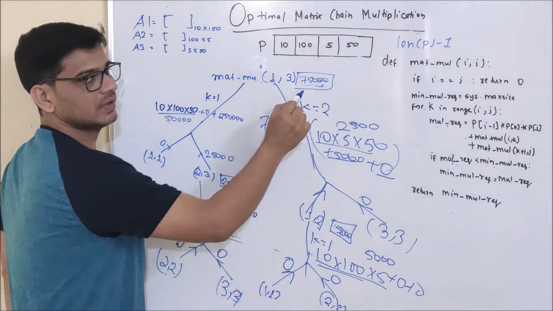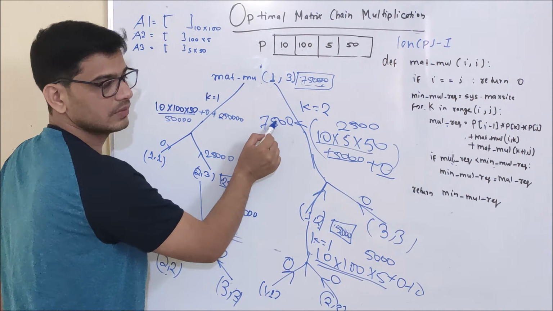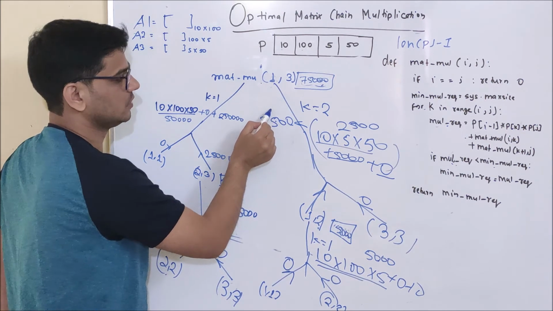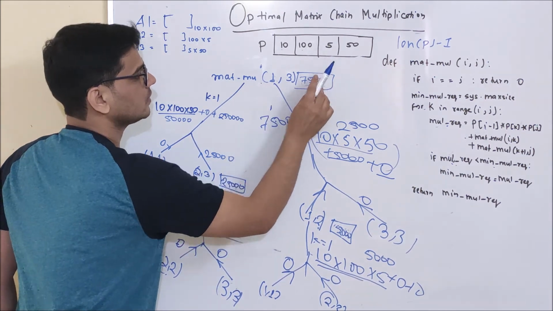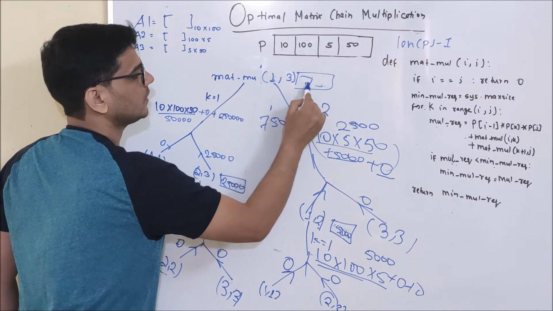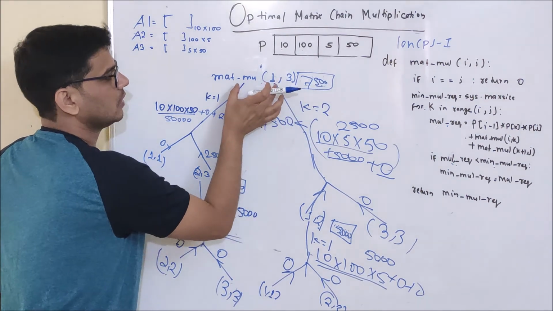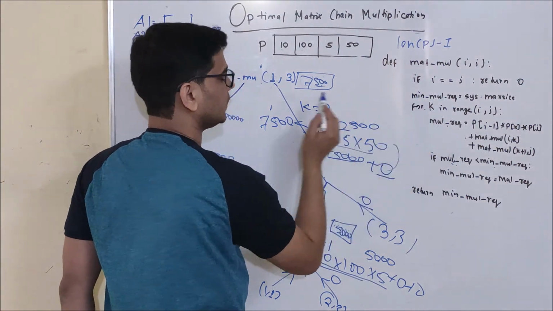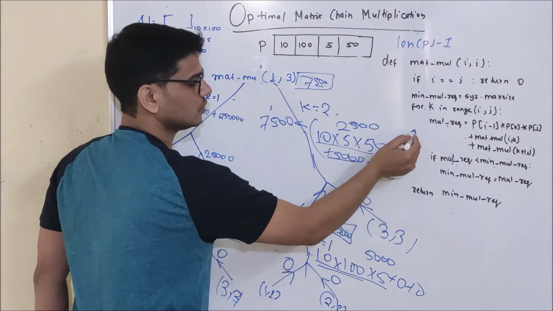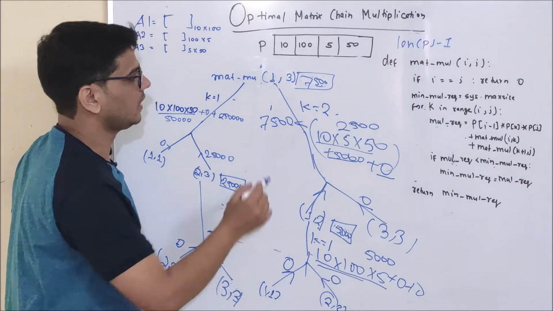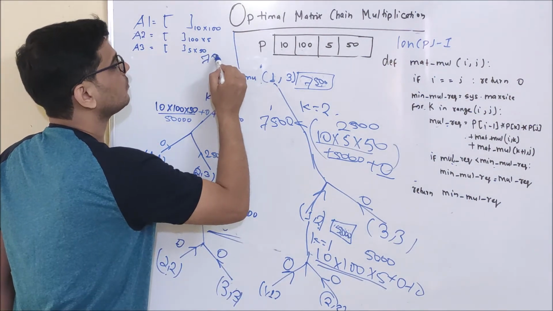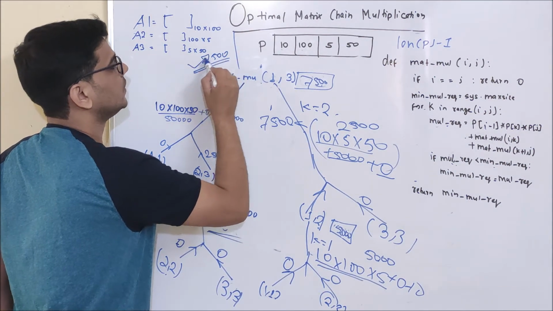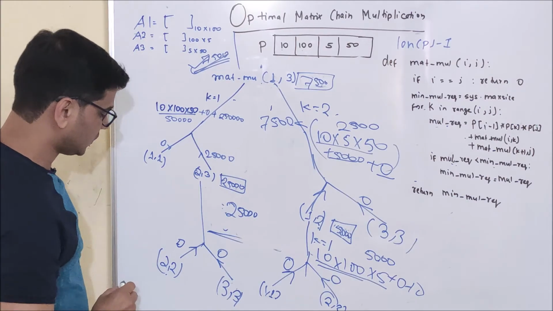Now here I have 75,000, here I have 7500. So this one is smaller, and here 7500 will be updated. Now this particular function has executed for all the k, that is k equal to 1 and k equal to 2. So control will come to this return line and 7500 will be returned. Now let's check for DP.